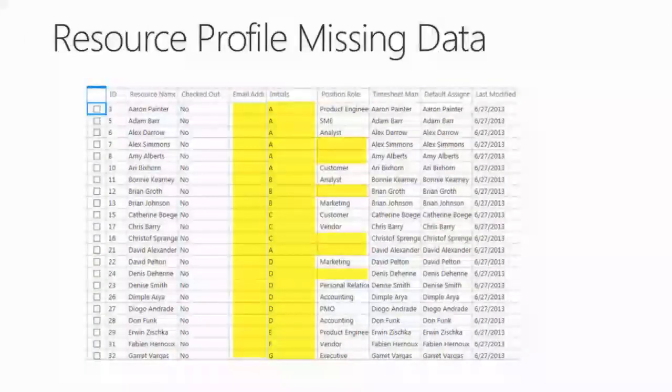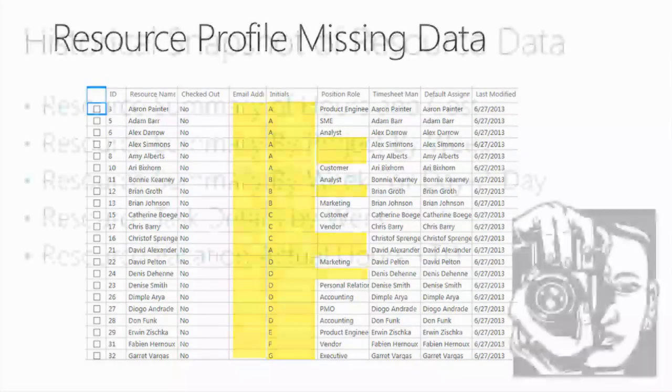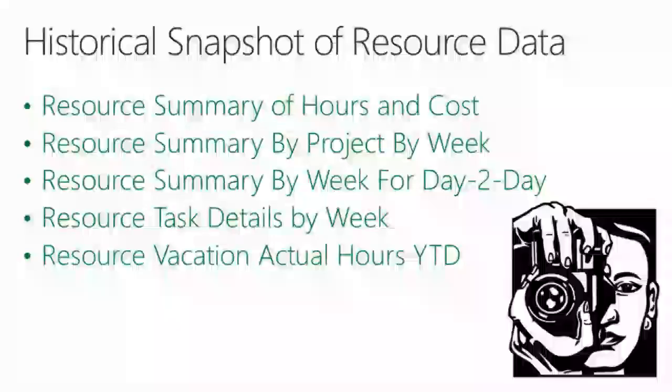Again, I look for missing data with views at first, and then over time I look for missing data for those critical fields. It's usually new employees or people leaving, making sure the processes are in place to get rid of the inactive. I do the same thing for resource data. I do snapshots of it. I like to see what happened a month from now or a week from now.